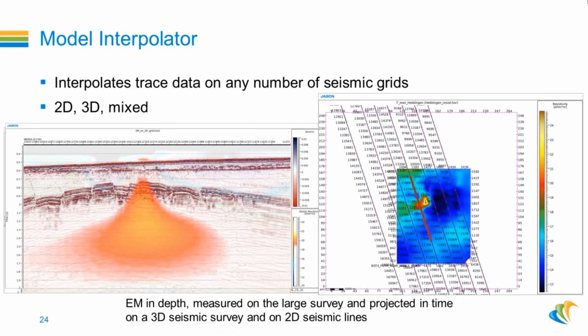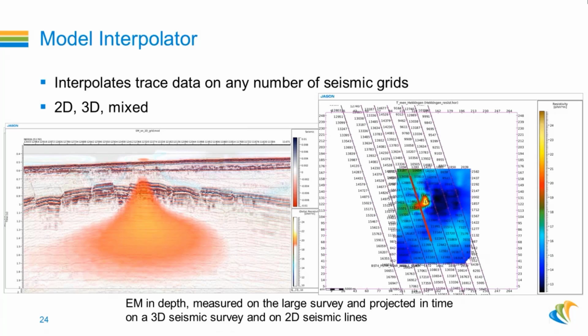What I've done here is I've taken the electromagnetic data, which is in depth on the larger survey, and I've interpolated it onto the smaller 3D survey and onto the 2D lines in one interpolation process. What I'm showing in the section on the left is shown in red as the line on the map.